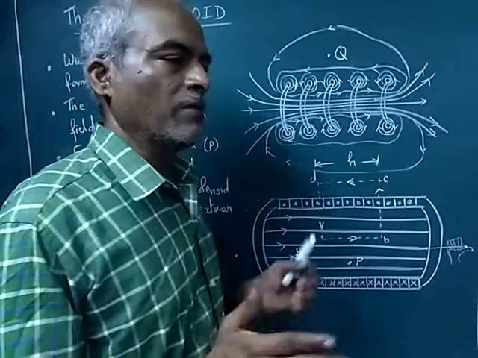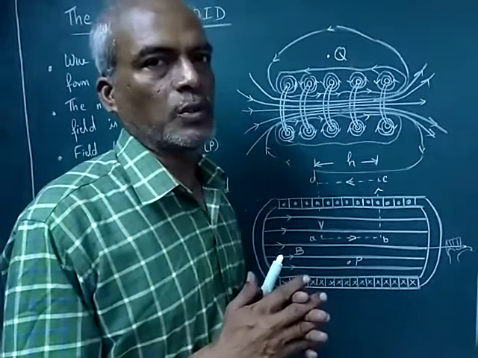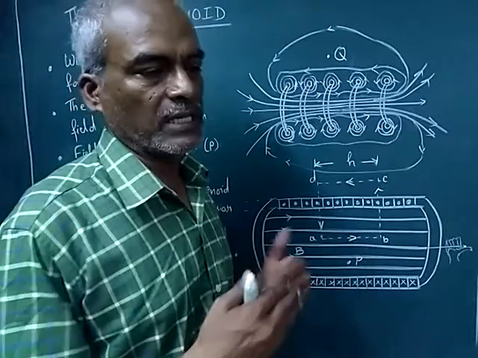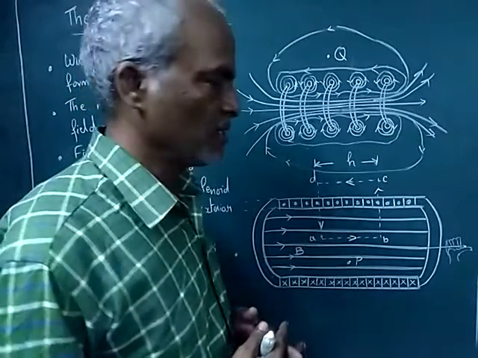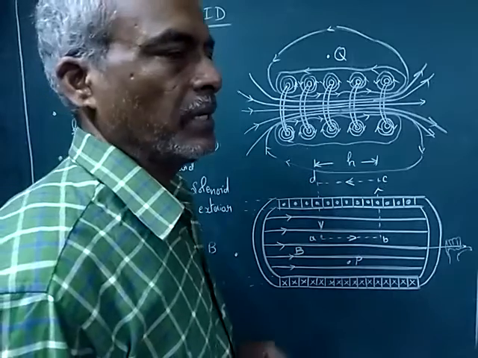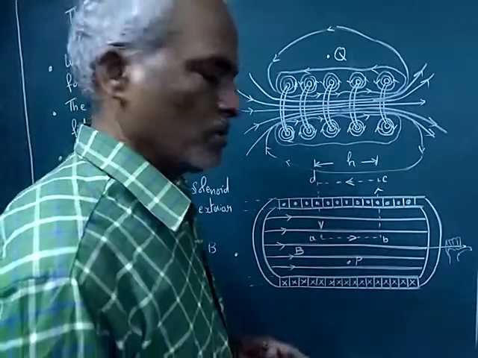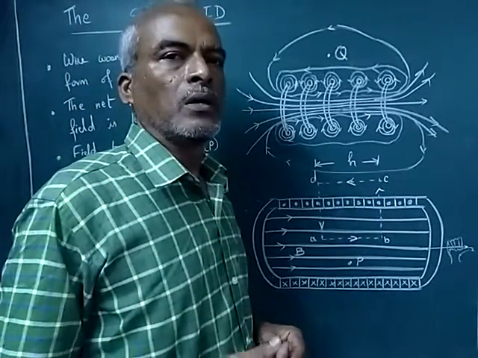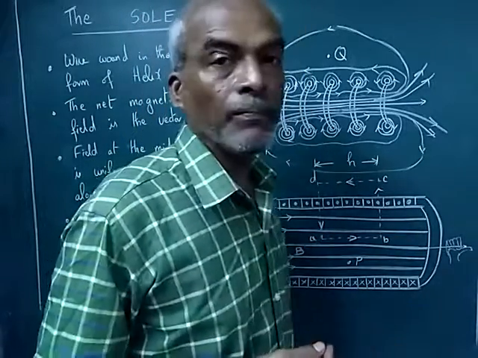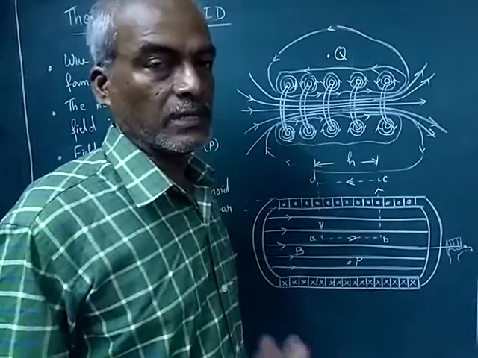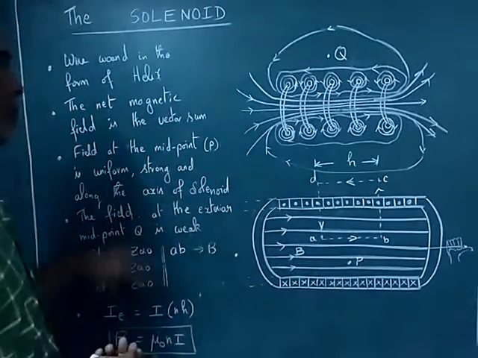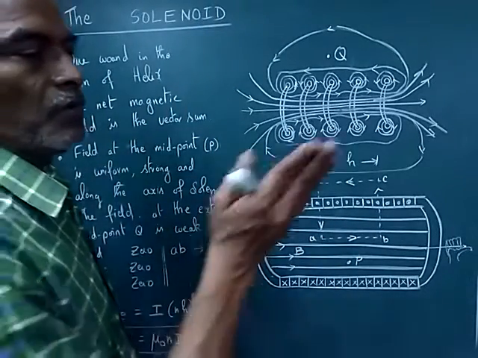But you have to add all those magnetic fields together, and I already told you how vectors in opposite directions get cancelled out, and outside the solenoid the magnetic field is very weak, therefore we are neglecting it. So the major component of the magnetic flux density vector is along this direction, so that gives the maximum flux density. Okay. So basically it is a vector sum. We have to go by vector addition.